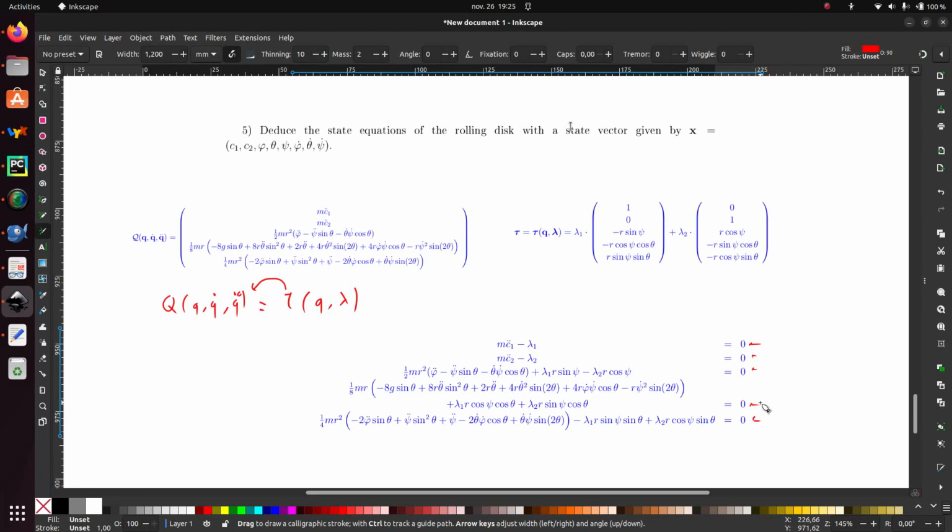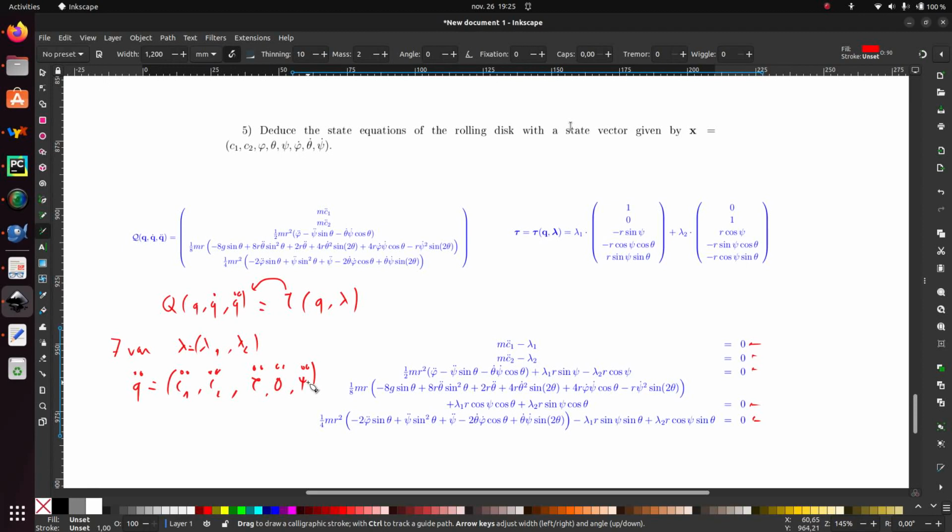So first, I observe that I have 5 equations with 7 variables of interest. It corresponds to lambda, which is lambda 1 and lambda 2, and Q dot dot. So it corresponds to C dot dot 1, C dot dot 2, and also phi dot dot, theta dot dot and psi dot dot.